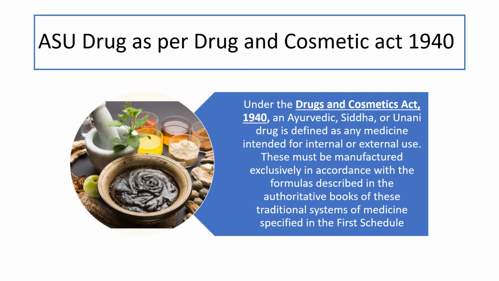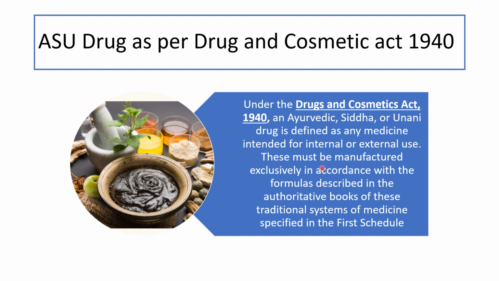We have seen that this Act also covers the ASU drug. So as per the DNC Act, what is ASU? ASU means Ayurveda, Siddha and Unani drug, defined as medicine intended for internal or external use.